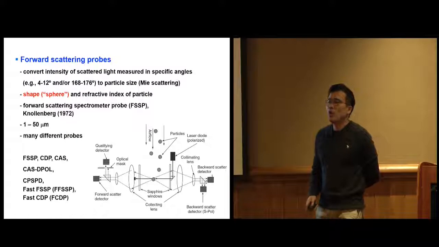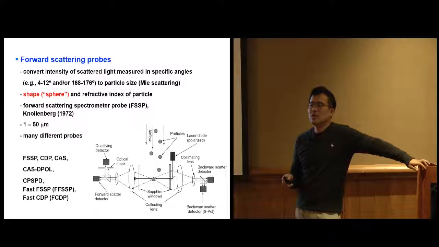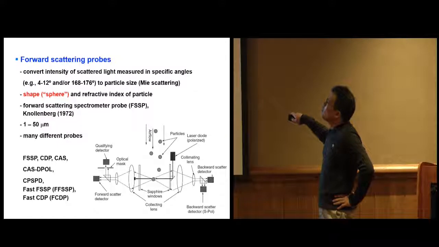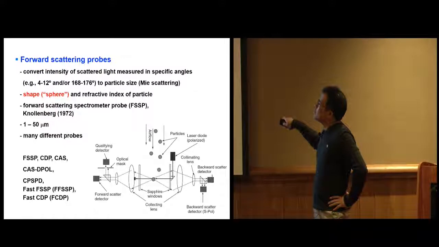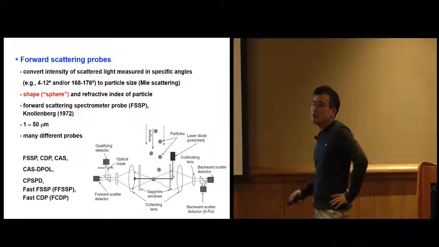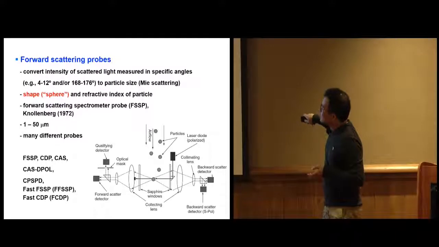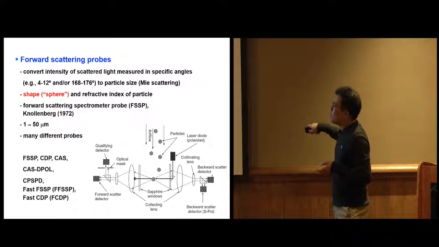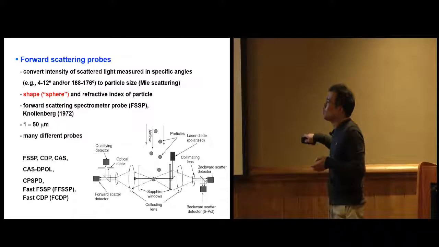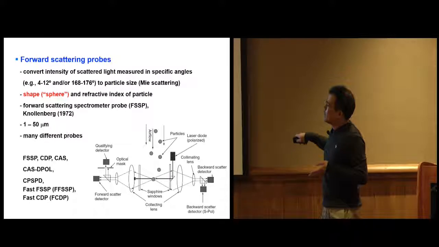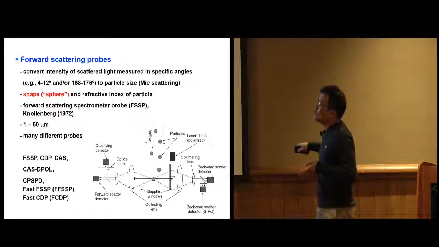Forward scattering probes measure scattered light in certain directions. For example, in forward scattering directions or backward scattering directions, or sometimes both. When a particle passes a sample volume, it shines a laser beam, and we measure this scattered light in the forward direction or backward direction.